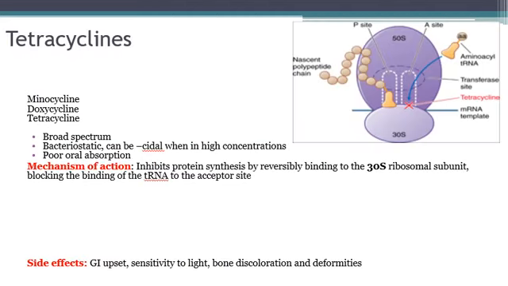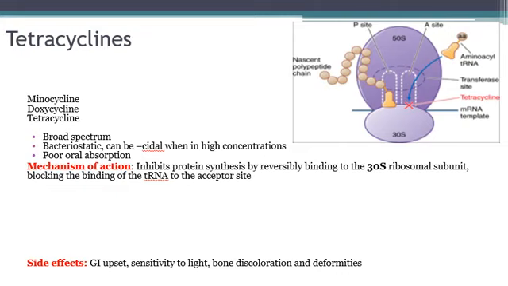Tetracyclines, the prototypes here, would be minocycline, tetracycline, and doxycycline. These are all broad spectrum antibiotics. They are bacteriostatic more often than not, and they can be bactericidal when the concentration is increased. Like other drugs in the protein synthesis inhibition category, they have relatively poor oral absorption, but they're still given orally.